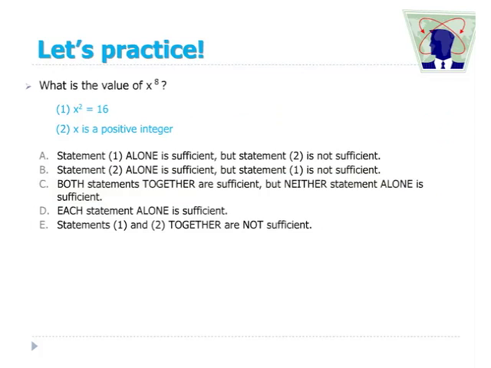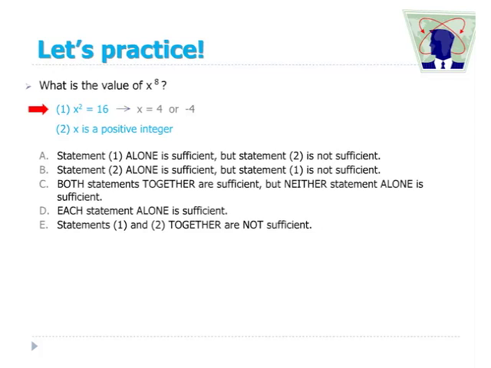On the other hand, be careful for trap questions. For example, what is the value of x to the power of 8? Statement 1 says that x squared equals 16. And statement 2 says that x is a positive integer. Again, from statement 1, x is either 4 or negative 4.